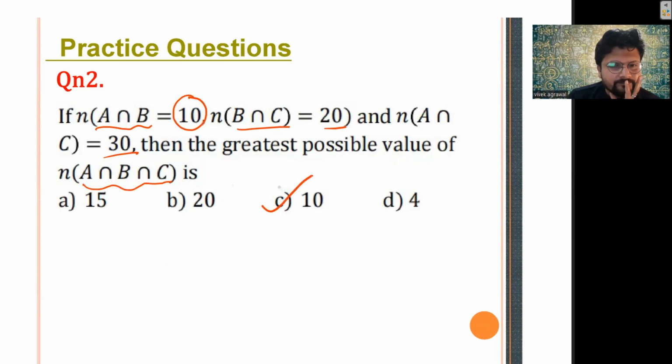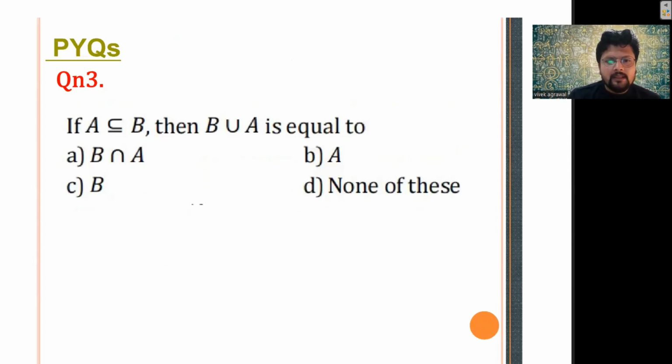Because more than 10 we cannot take, since only 10 elements are given which are common to both A and B. Yes or no? Okay.